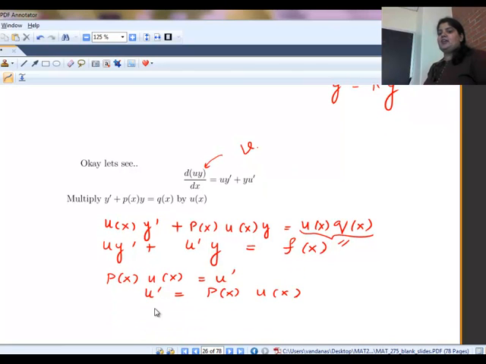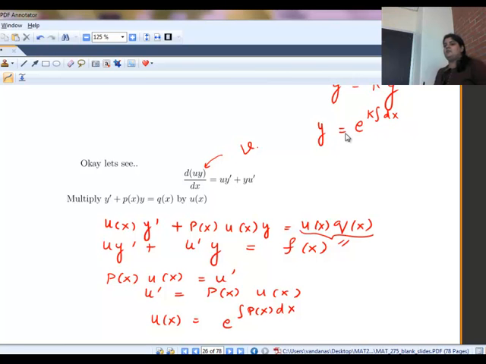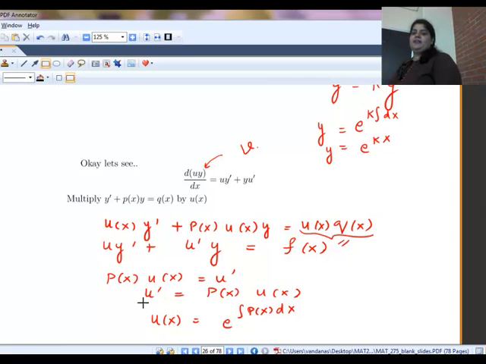But the same idea will work here. u(x) is nothing but e to the power integral p(x) dx. As you have here e to the power k times integral dx, which is e to the power kx, which you said very quickly, e to the power kx, but it was actually integral dx. Okay, so this is u and it has a name, it's called integrating factor.